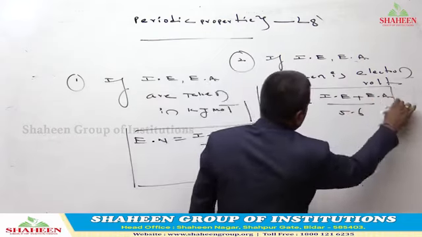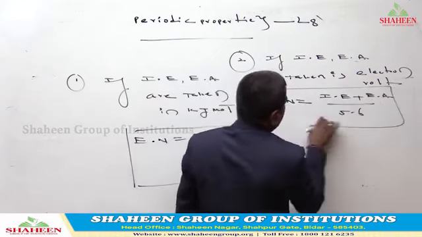If IE and EA values are given in electron volts, I am using this formula: electronegativity of elements is IE plus EA by 2, divided by 5.6.